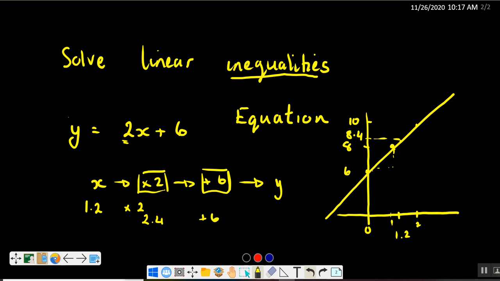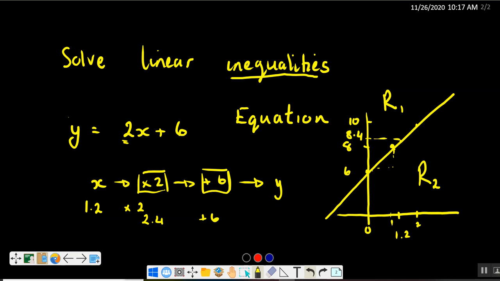But that line also separates the space into two regions. This region up here, call it region 1, and under here is region 2. How would you describe region 1, region 2, using our x's and our y's?